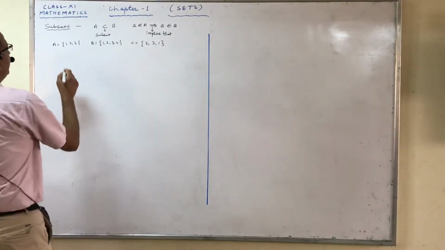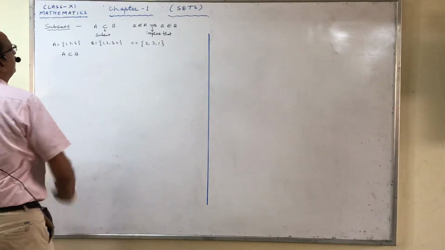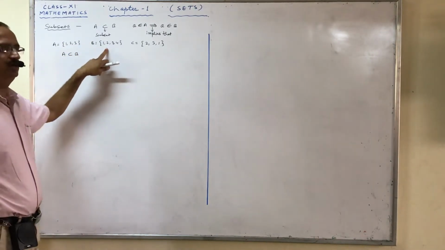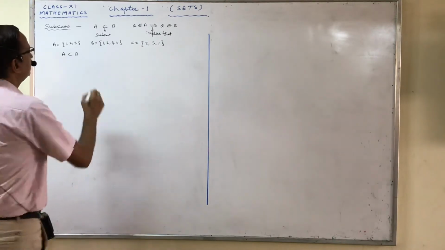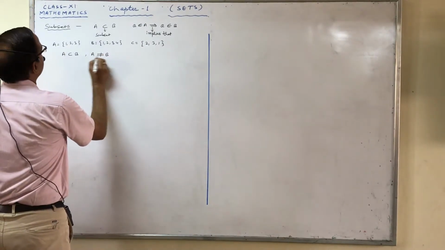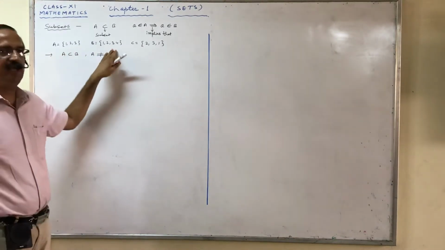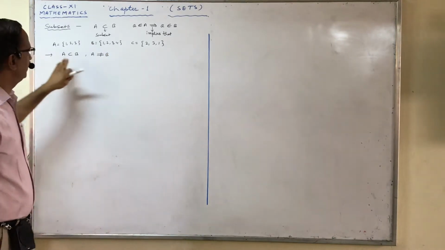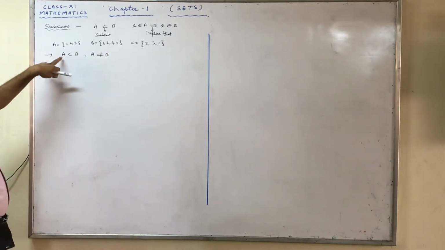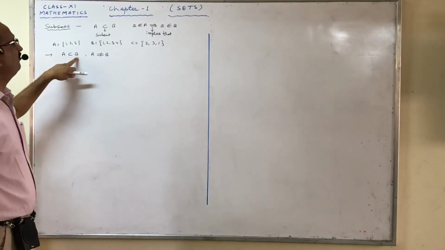So we can say that A is the subset of B, because all the elements of set A also belong to B, and A is not equal to B. Why? Because A has 3 elements and B has 4 elements. So when this type of condition happens, we can say that A is the proper subset of B.